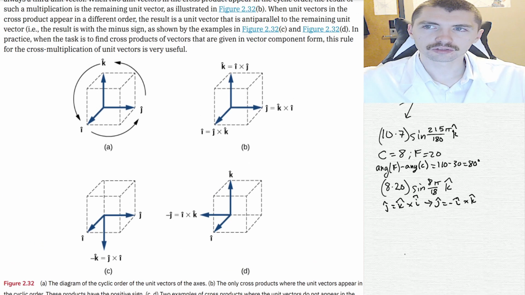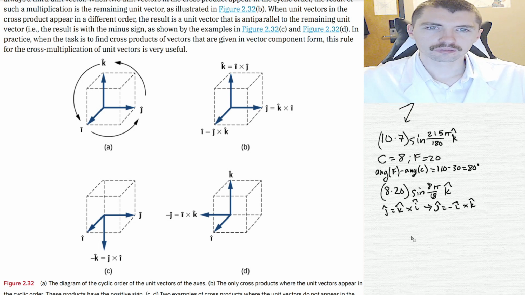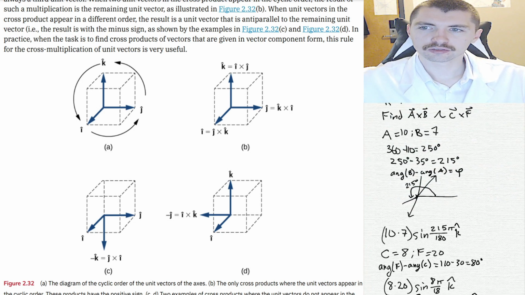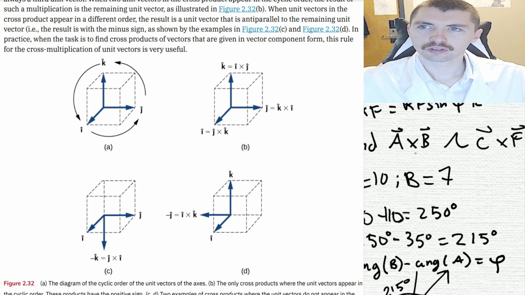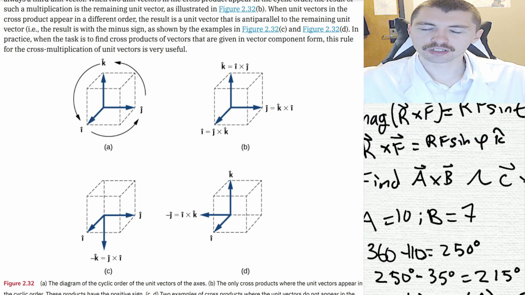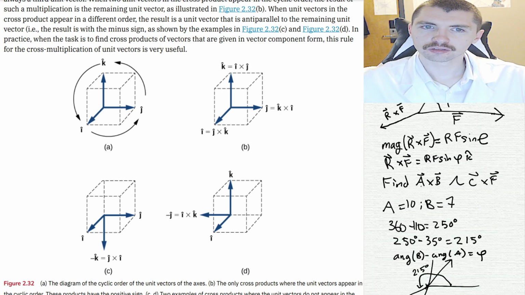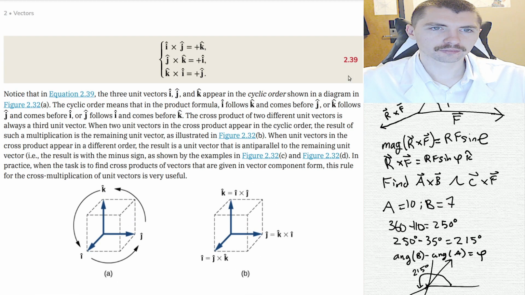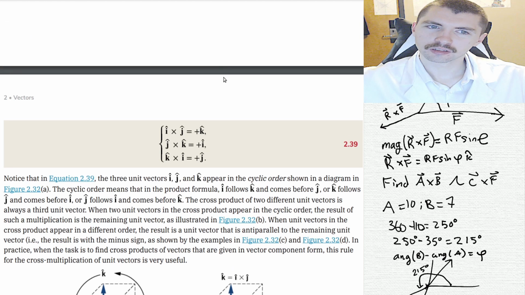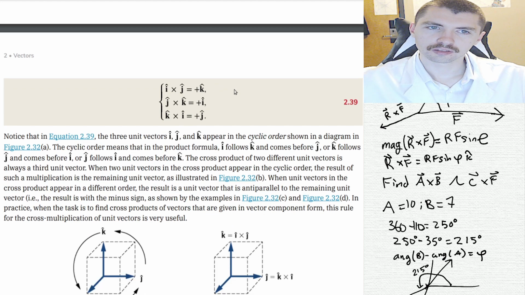Okay, so in another sense, when you're taking A times B, both have a plane.